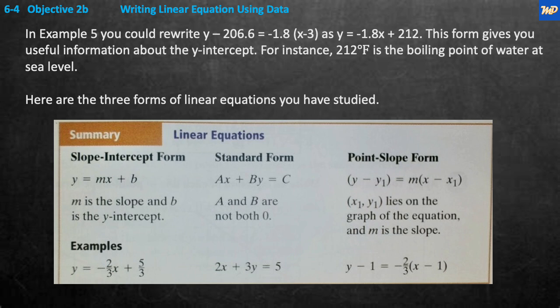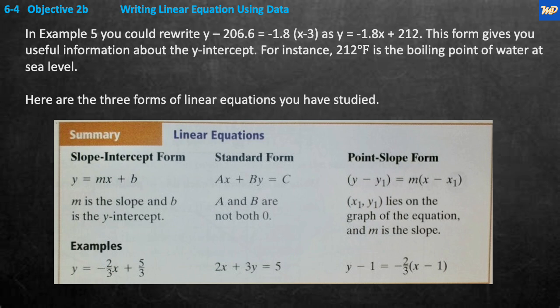If you do that, you're going to get y equals negative 1.8x plus 212. This form gives you useful information about the y-intercept. For instance, 212 degrees Fahrenheit is the boiling point of water at sea level. So that's one thing we can think about here.